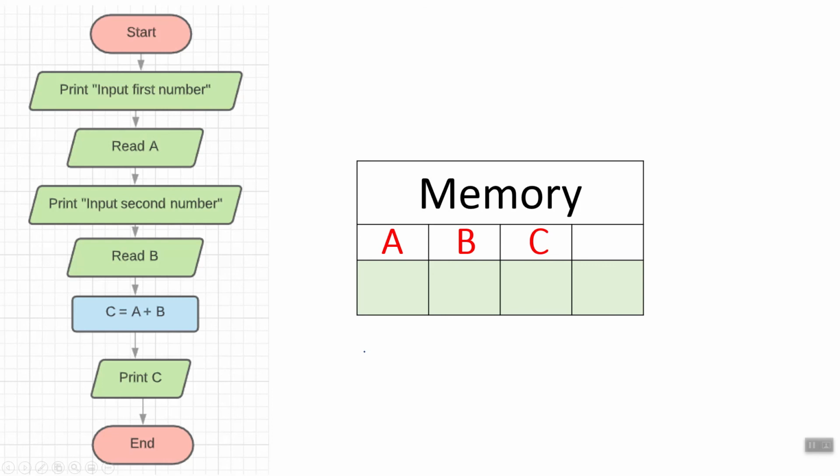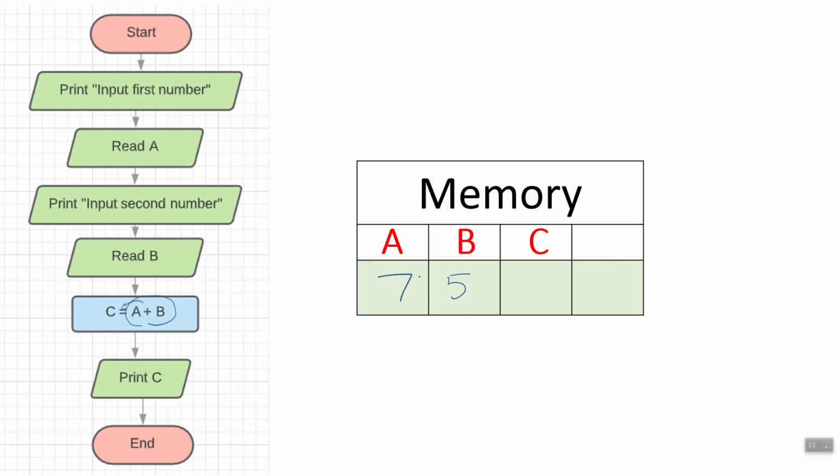Okay. So this one, we input our first number and we read that into variable A. So let's put a number in. Let's say 7. Okay, then we input a second number and read that into variable B. Let's call it 5. Then in variable C, we will store whatever A plus B is.